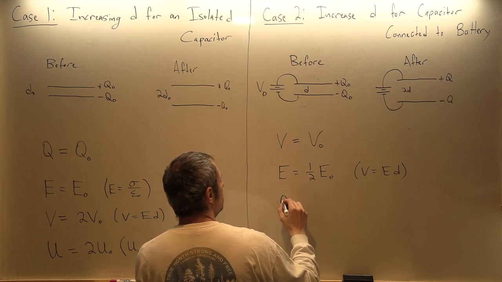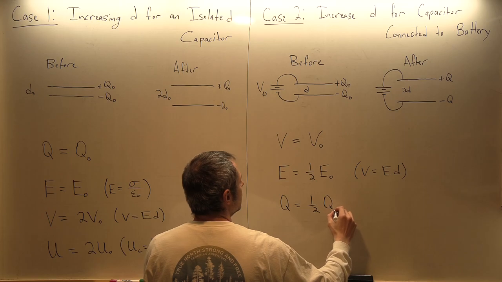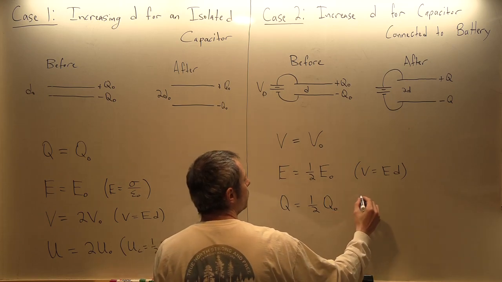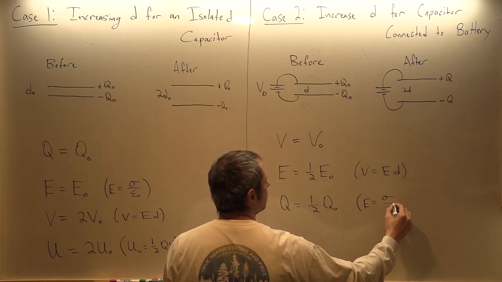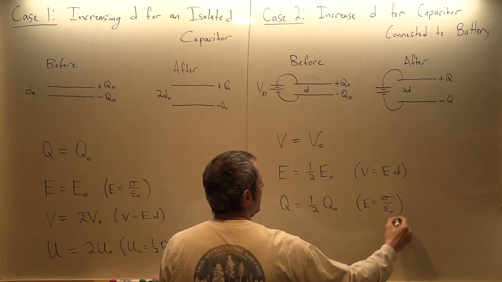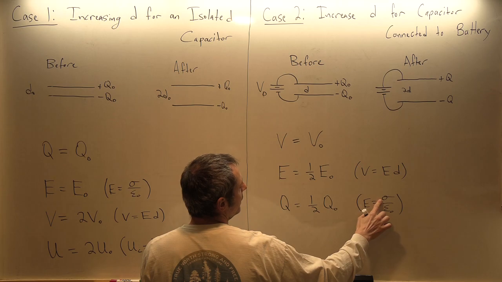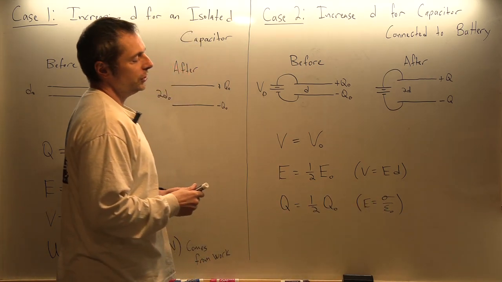And that means that the new charge has to also decrease. So why does it have to decrease? Well, remember, electric field is sigma over epsilon 0. And if the electric field's getting smaller, so does the charge density, so does the charge. Okay, so less charge now.